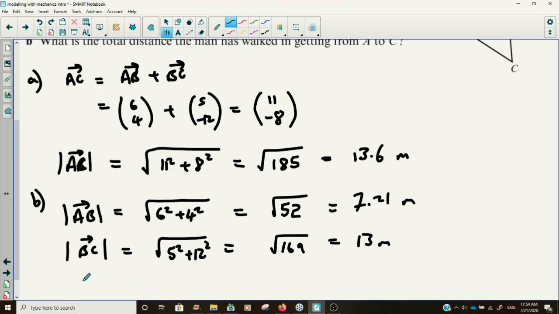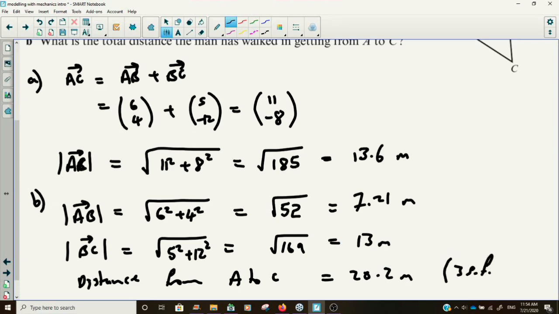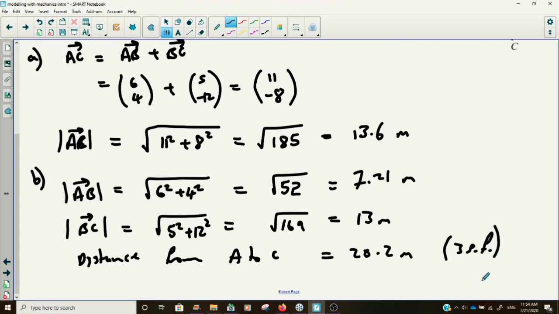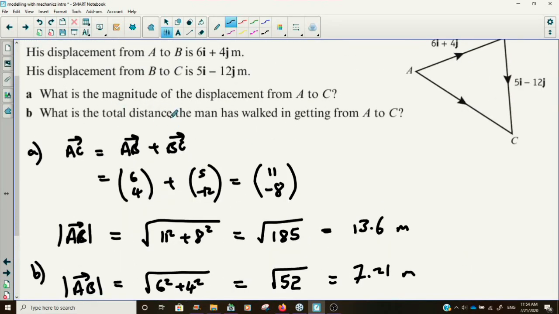And then the total distance from A to C is just the sum of those two values. So we're going to get 20.2. We just round it to 3 significant figures. Okay, and there you have it. So the total distance the man has walked from A to C.